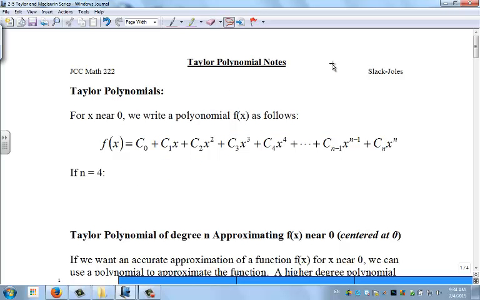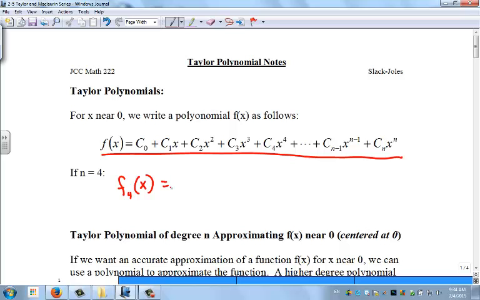The way that we do this, the Taylor polynomial, is we generate it using a specific formula, all right? A normal polynomial of any sort is written like this, right? So if n equals 4, for example, a fourth degree polynomial of x would be called f4 of x, meaning we're going to have 4 powers of x.